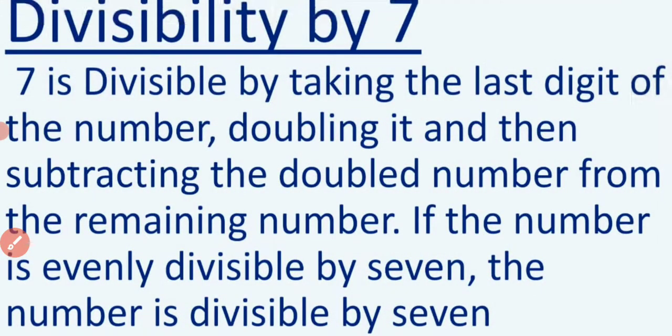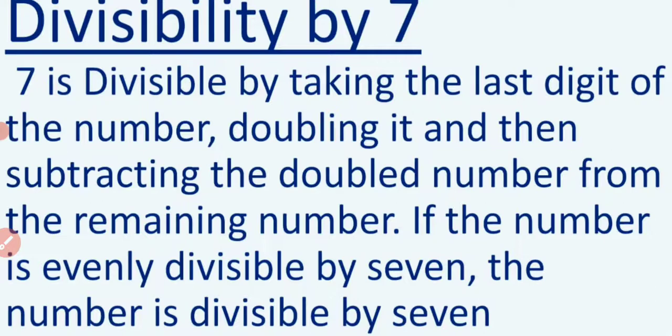Next, divisibility by 7. Divisibility by 7 is checked by taking the last digit of the number, doubling it, and then subtracting the doubled number from the remaining number. If the result is evenly divisible by 7, the number is divisible by 7.